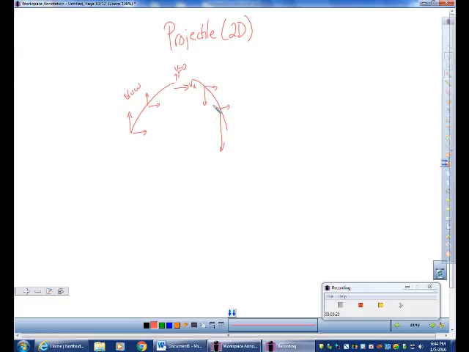This is what we call a projectile. Projectiles follow the path of a parabola. So the rules that we have are for vertical velocity: we are accelerating because of gravity, so we will use those 3 equations we started with, our 3 acceleration equations.